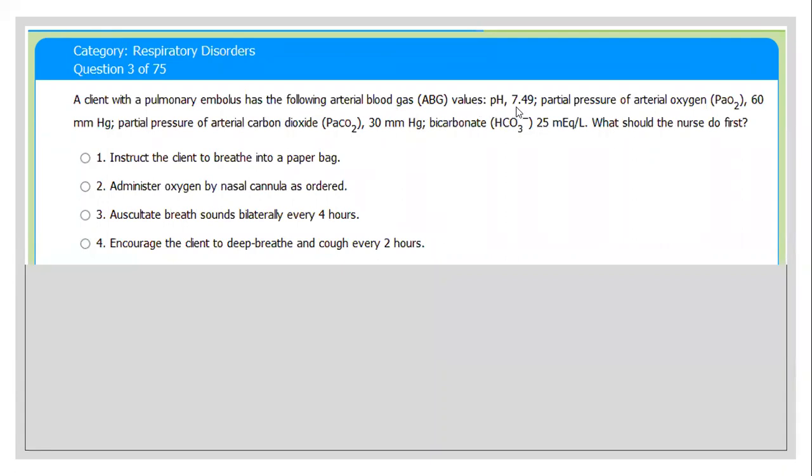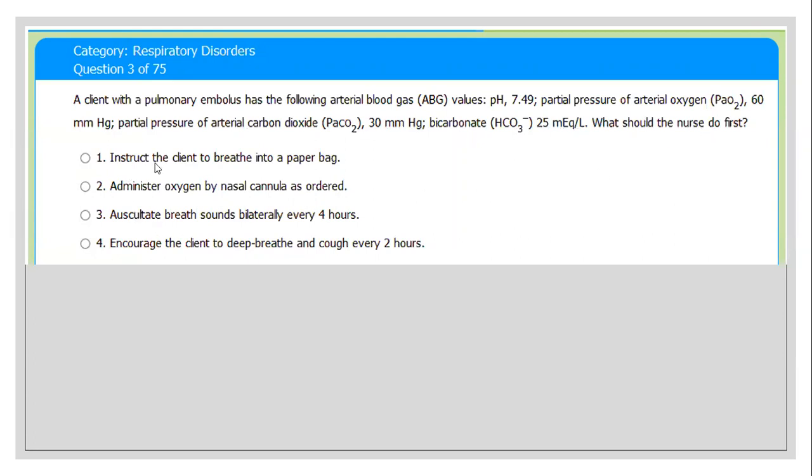The pH is 7.49, partial pressure of arterial oxygen is 60 millimeters of mercury, and partial pressure of arterial carbon dioxide is 30 millimeters of mercury. Bicarbonate ion is 25 milliequivalents per liter. What should the nurse do first?